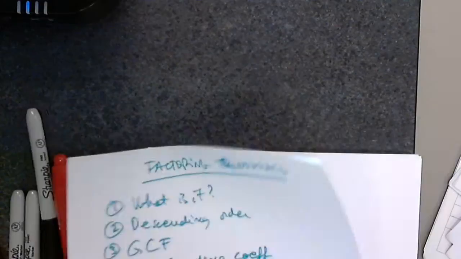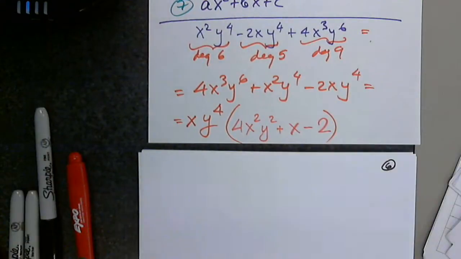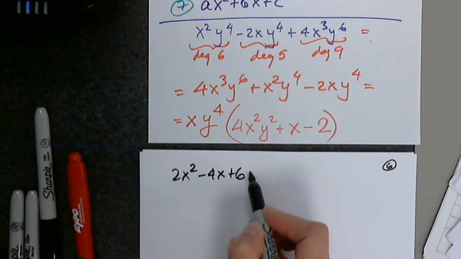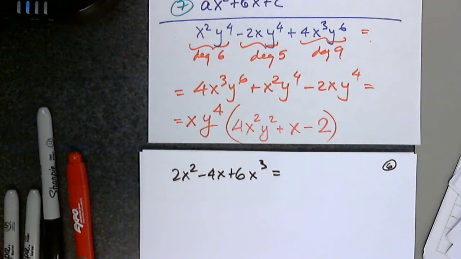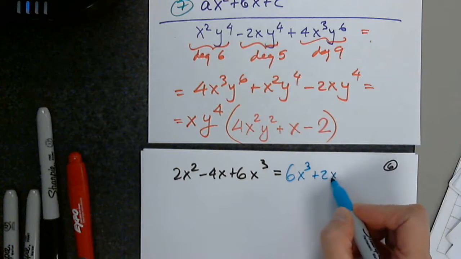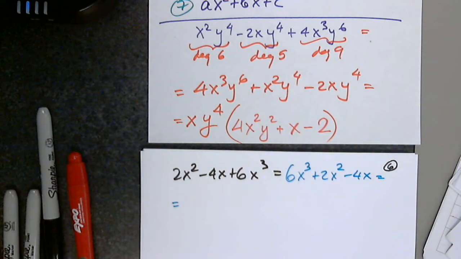4, 5, 6. Okay, so the next problem is 2x squared minus 4x plus 6x to the third. What type of polynomial is this? Is it in descending order? The degree is? Yes. So 6x cubed plus 2x squared minus 4x. Greatest common factor?